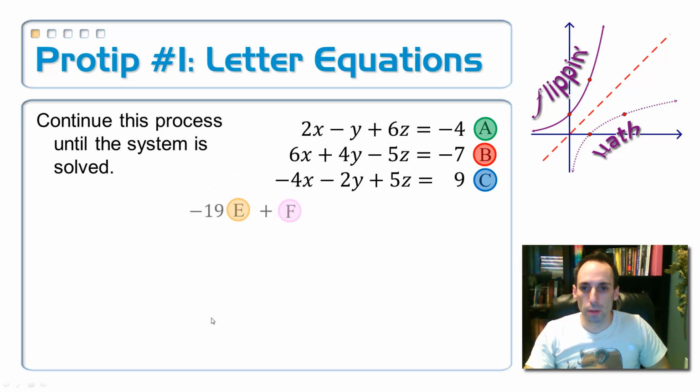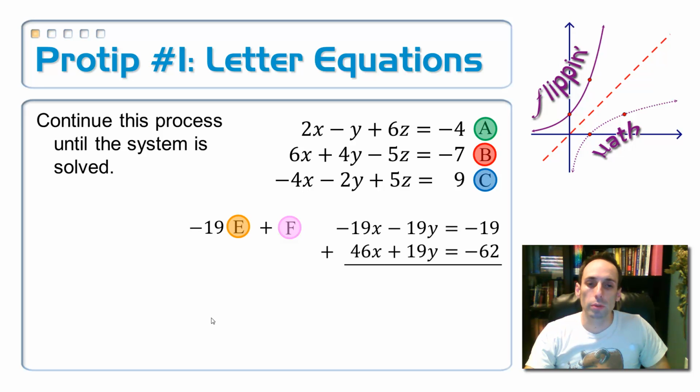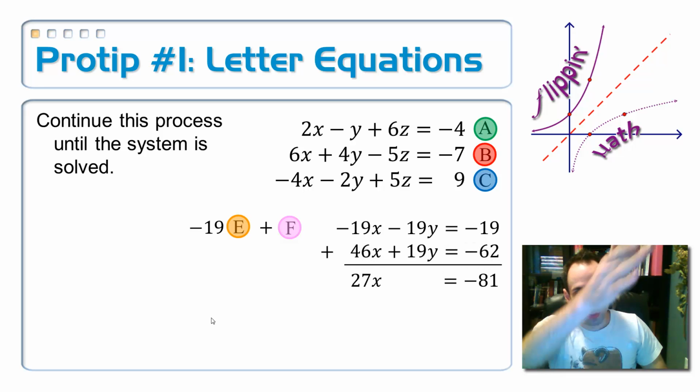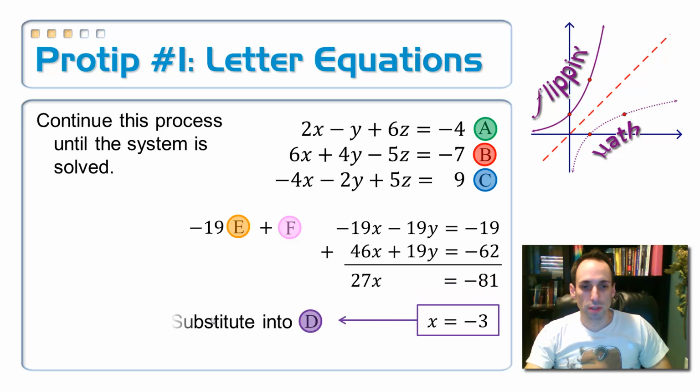Negative 19 times equation E is negative 19x minus 19y is equal to negative 19. Now just add up our columns. We have 27x, the y's cancel, is equal to negative 81. Divide by 27, and we get x is equal to negative 3. We found one of our variables.